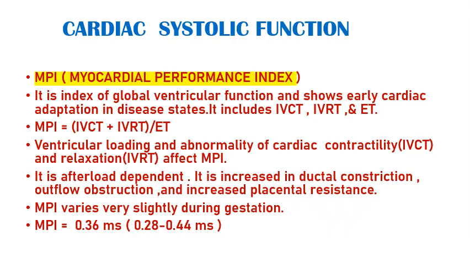It is afterload dependent. It is increased in ductal constriction, outflow obstruction and increased placental resistance. MPI varies very slightly during gestation. It has a mean value of around 0.36 with a range of 0.28 to 0.44.